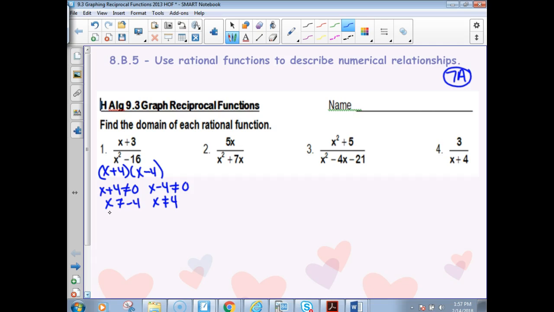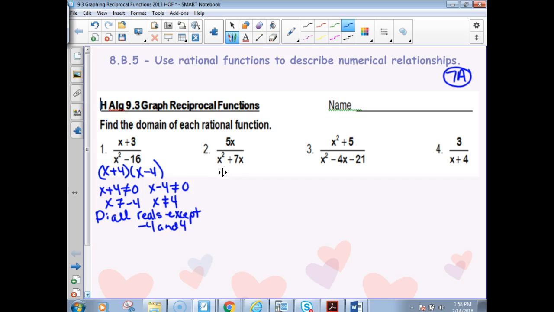So the domain will be all reals except negative 4 and 4. Okay, you have to have a way to write it that's clear and be able to tell me what the exceptions to the domain are, what the domain is.